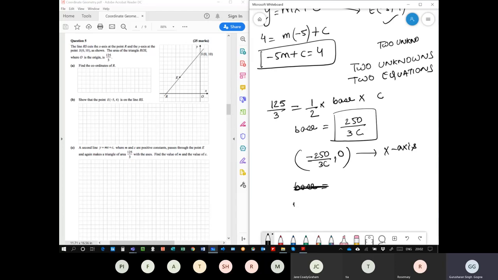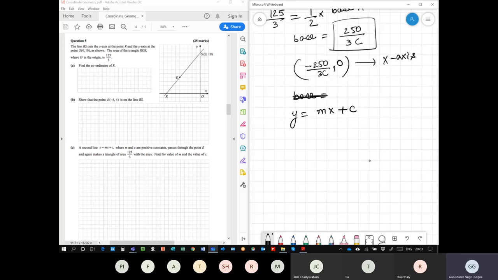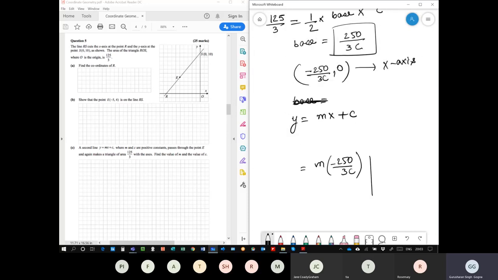So y is equal to mx plus c again, and you can use this point. So x is minus 250 over 3c, multiplied by m, plus c, and what is the value of y? 0.